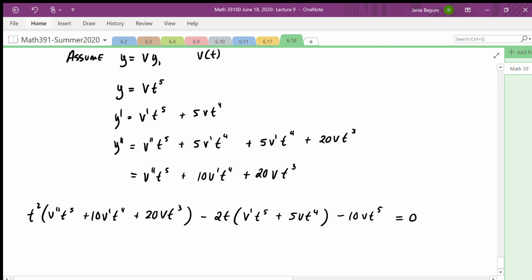Everything equals 0. And now here, once you finish plugging in, just collect terms, cancel things out, and see if you can solve it. Okay?